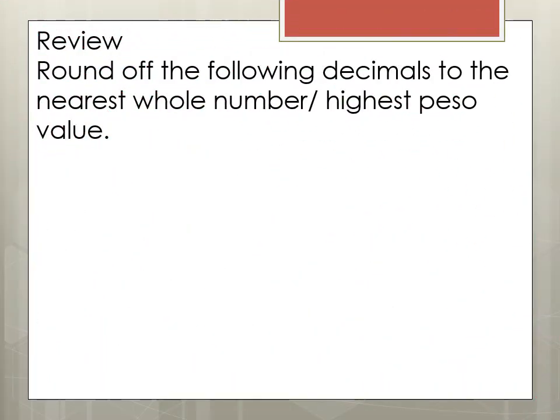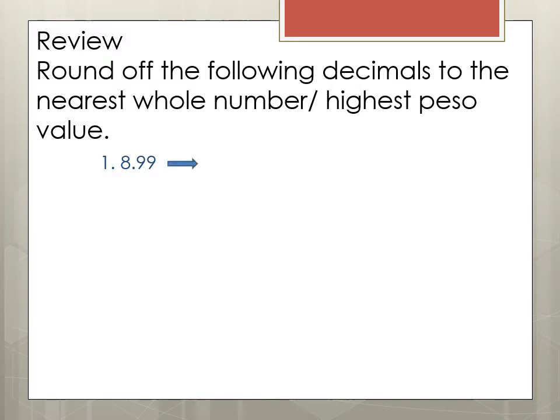Let us continue by answering an exercise on estimation. The directions say, round off the following decimals to the nearest whole number or highest peso value. For numbers 1 to 3, let us round to the nearest whole number. Number 1 is 8 and 99 hundredths.